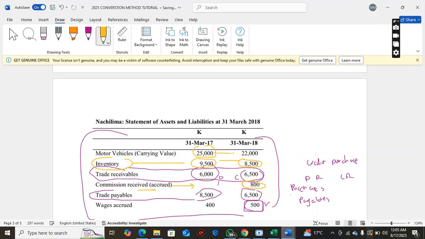Now, at the end of the year, they're 22,000. You just subtract 25 minus 22, 3,000. So this is the depreciation expense.